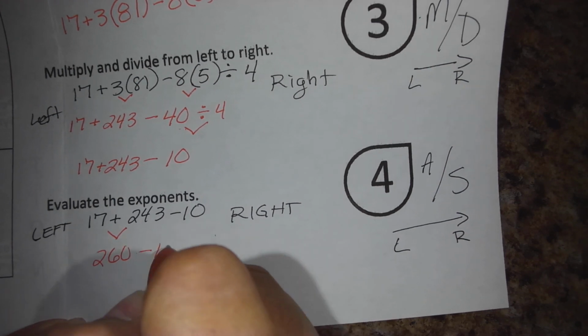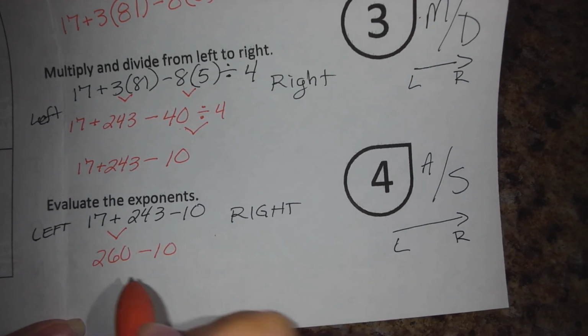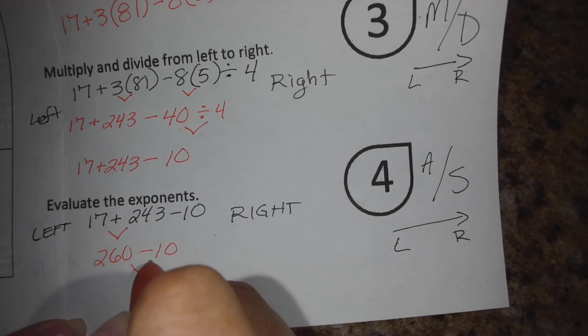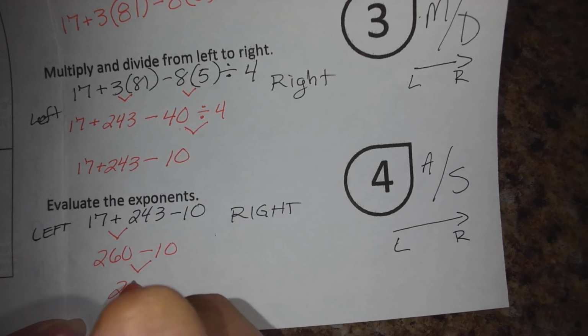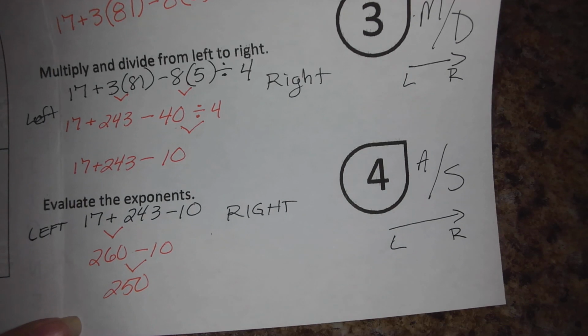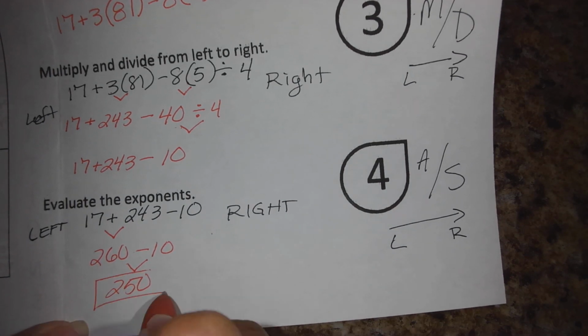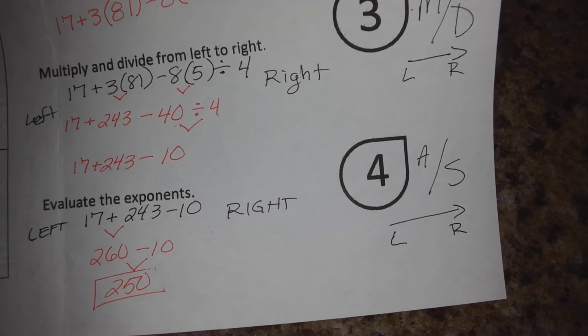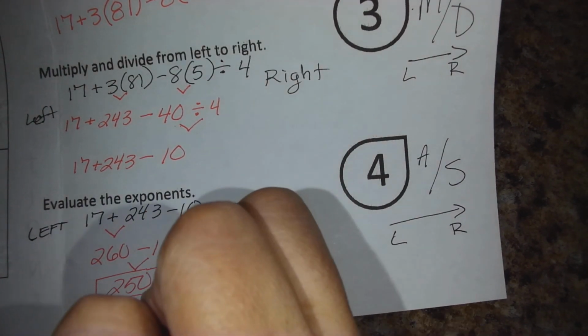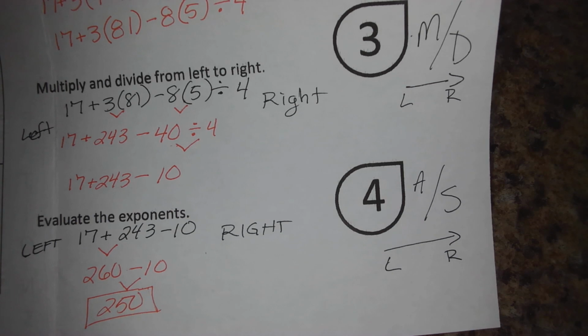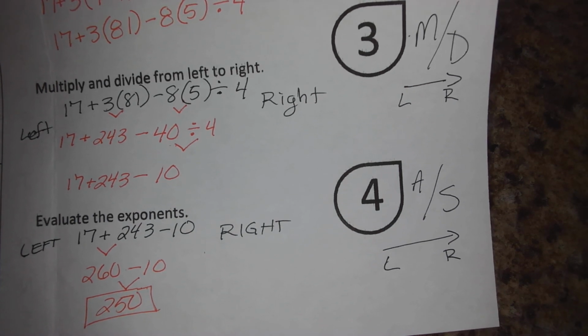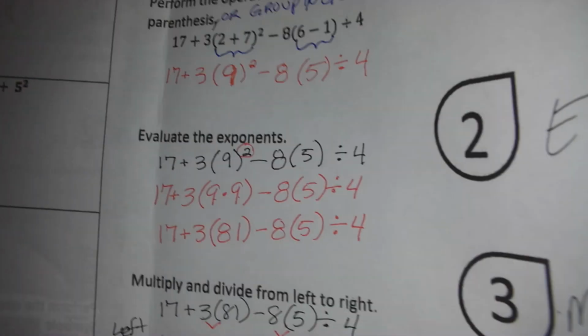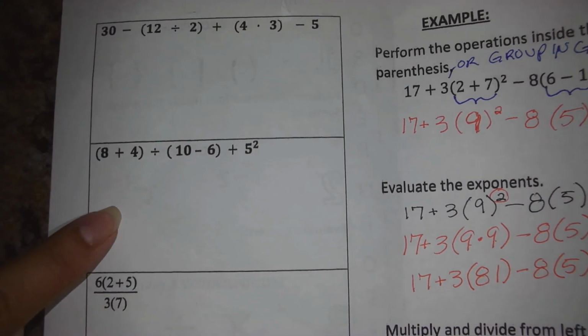Copy the next part down, minus 10. 260 minus 10 is the last piece, and you should get 250. And that is your answer. Your final answer is this piece right here. It's 250. Make sure you box your answer, highlight it, circle it, something so that way I know what your answer is. Okay, you are on your own for these examples in the boxes. Good luck.